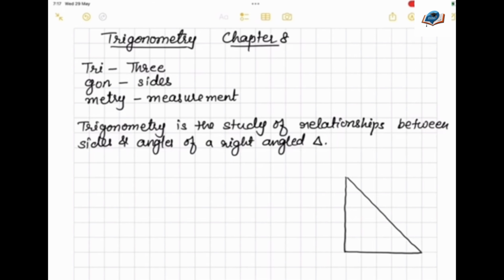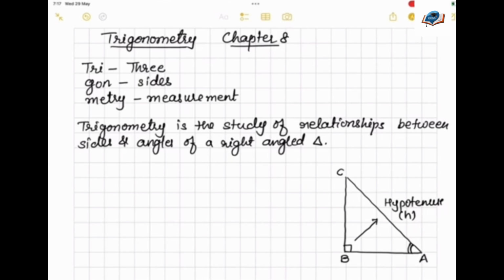So now this is ABC, a right angle triangle with sides AB, BC and AC. And angle B is 90 degrees, so opposite of angle B is called hypotenuse.